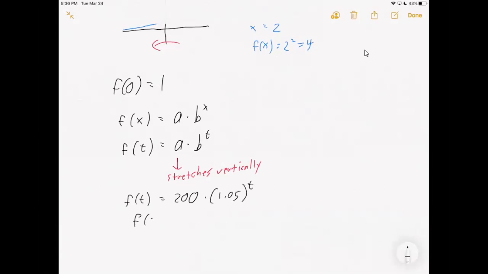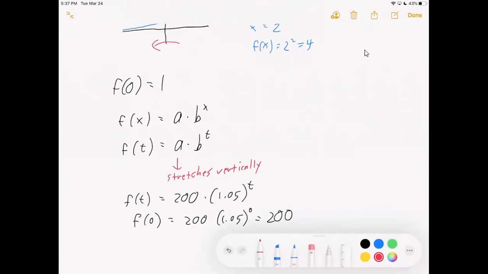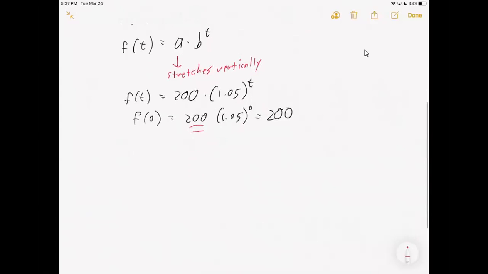When I put in f of 0, that becomes 200 times 1.05 to the 0. And hopefully you remember that anything to the 0 power is 1. So that's 200. So that would let me start with an investment that was, say, 200 rather than an investment that was 1. That number could easily be 2,000 or 200,000. So we're getting closer to what we need.